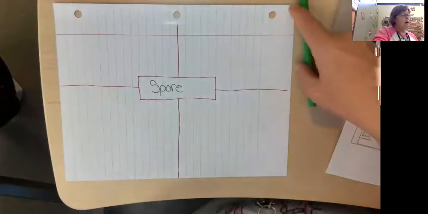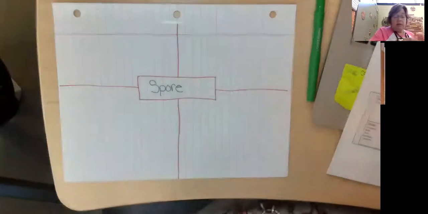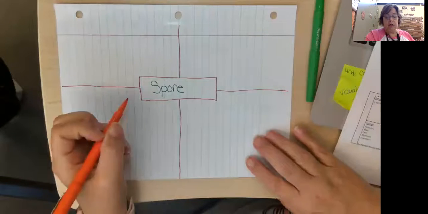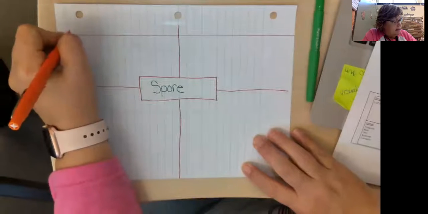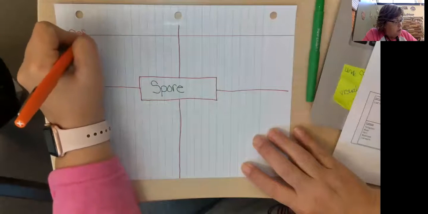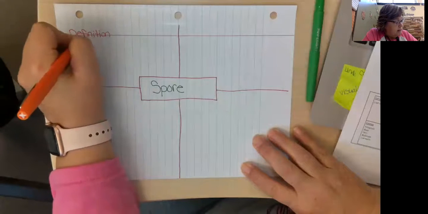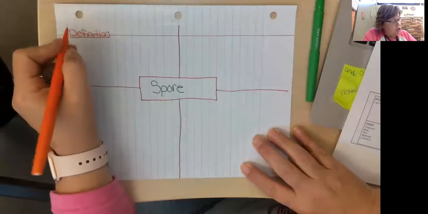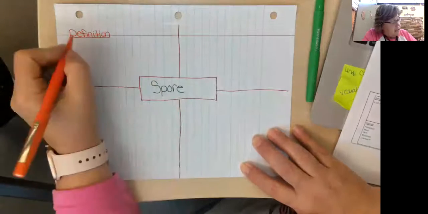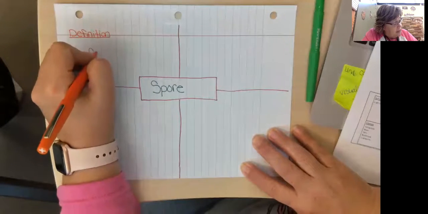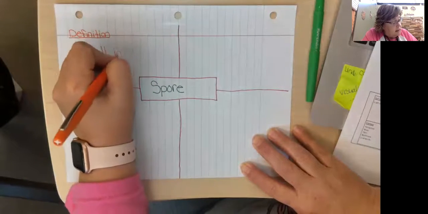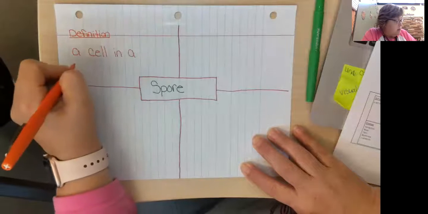Now, when we make a Frayer model, in the top left-hand corner is where we always write the definition. So I'm just going to write the word definition so I know that. And the definition of a spore is a cell in a seedless plant.